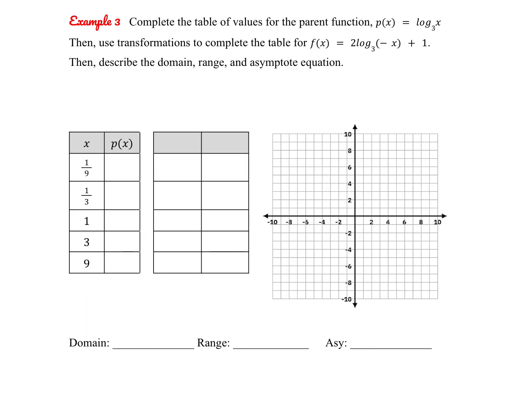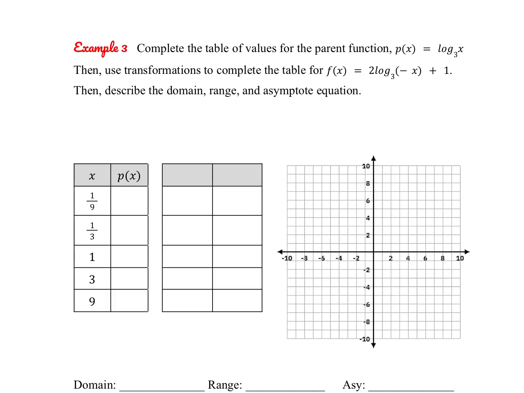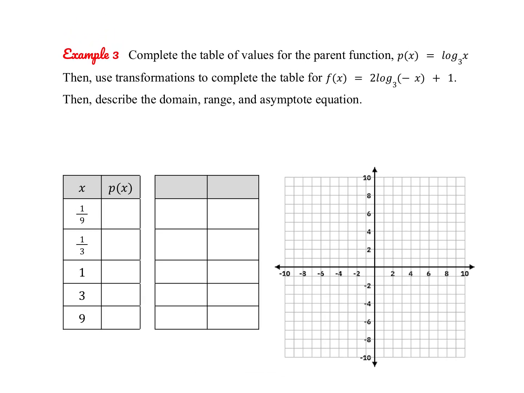Okay, so let's give this one a try together. For this one, our parent function is log base 3 of x. So look at the x values I picked. I picked powers of 3. So let's do our parent function first. If I do log base 3 of 1/9, it's saying 3 to what power equals 1/9?